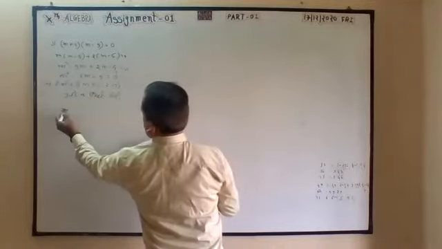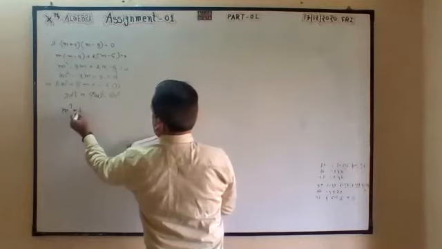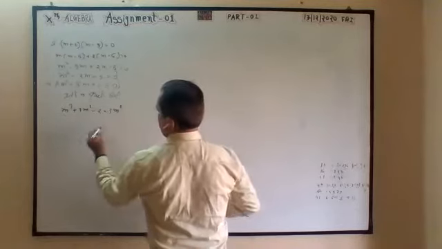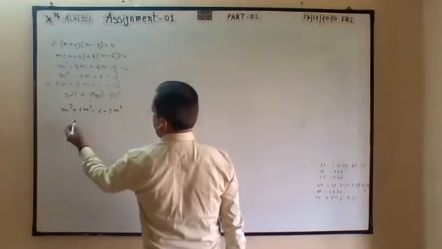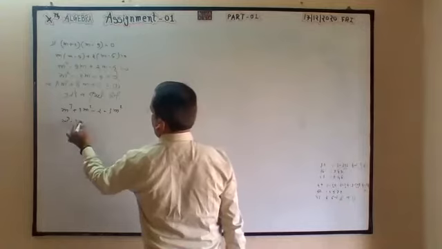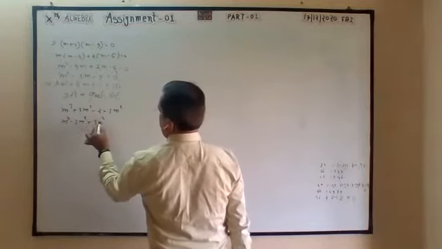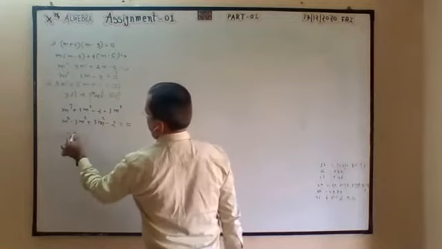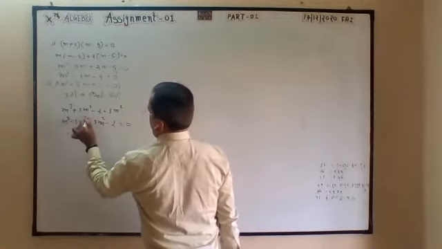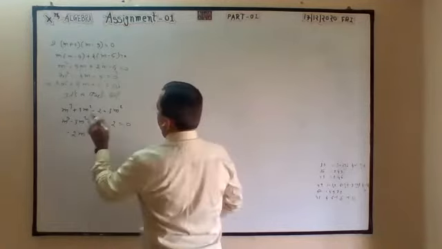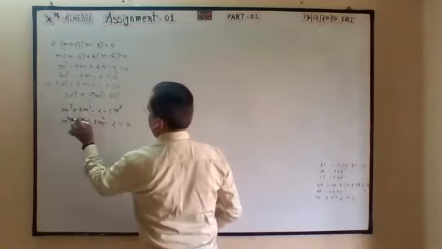It is given m cube plus 3m square minus 2. Does this go to this side or this side? So this is minus 2m cube.